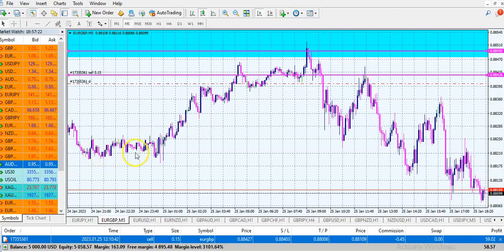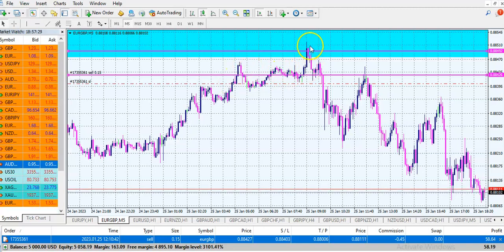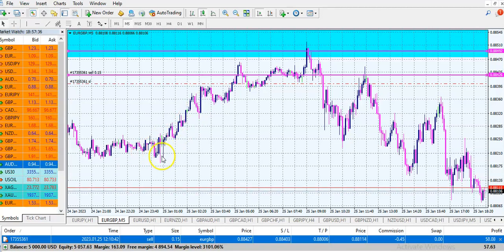Now, if you look at this area, this is actually the pullback that was occurring into the supply area. Now, if you check it out, you will discover that it's actually doing a series of higher low, higher high. It's creating resistance, creating a support, and the next move is breaking the resistance to form a new high.